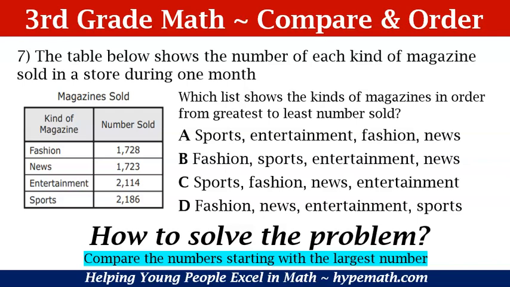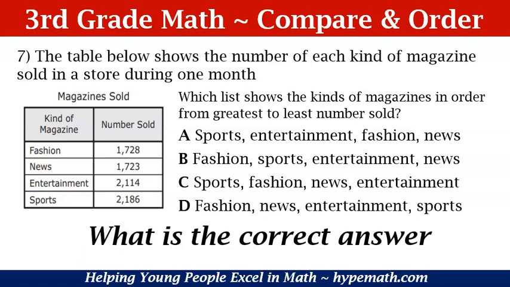So automatically, we know that B and D are wrong answers because fashion is not first. We are looking for a list from greatest to least. We've already said that sports is the biggest number, so our answer should start with sports. B and D, you're gone, okay? Now the only two answer choices we need to focus on are A and C because they both start with sports, okay?